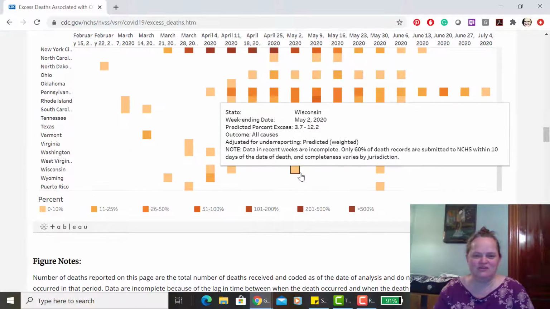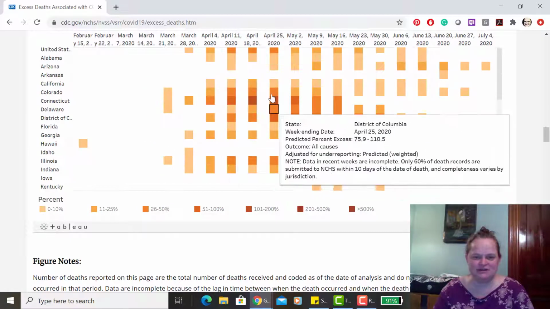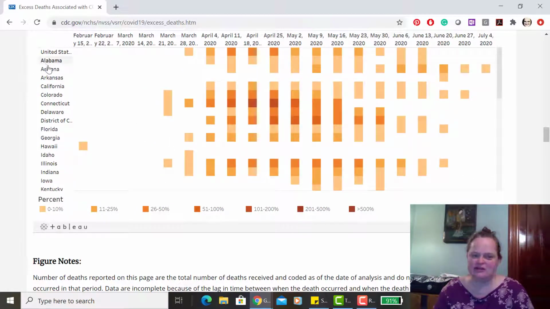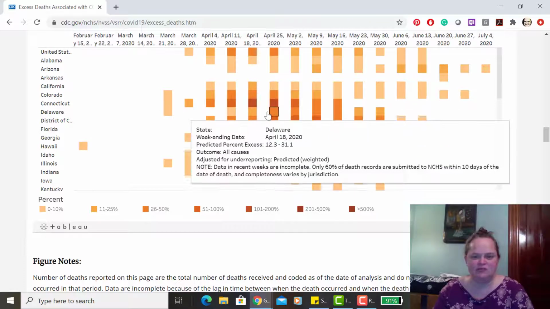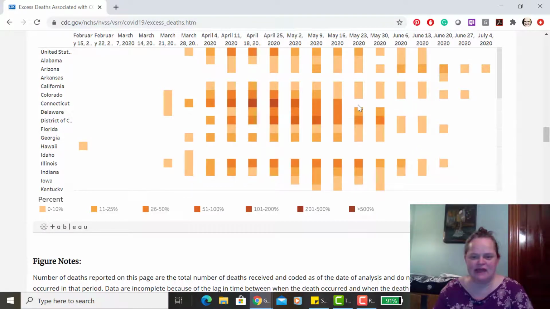If you scroll through this, you can see which states really had it bad. And you'll see they're excluding Alaska and some other states that are relatively small and kind of wonky in their data. I do want to complain about Connecticut. If it's showing no excess mortality, they just leave it white.